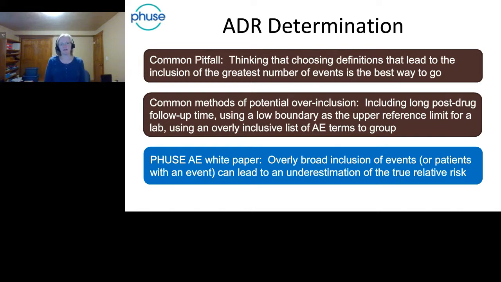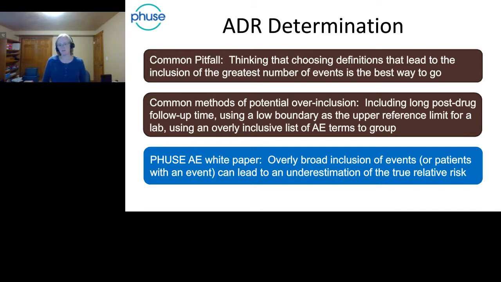So one very common misperception is that just because you might be more conservative from a total count perspective, when you talk about imbalances between treatment and placebo, including more events or being more conservative may not at all be conservative when you're looking for imbalances. In fact, sometimes being overly inclusive can actually underestimate your relative risk or your risk versus placebo.